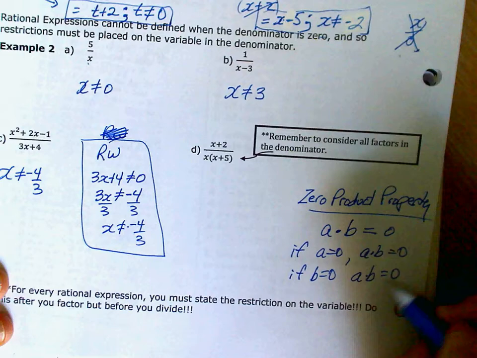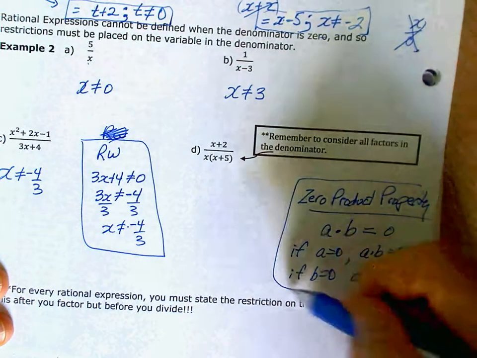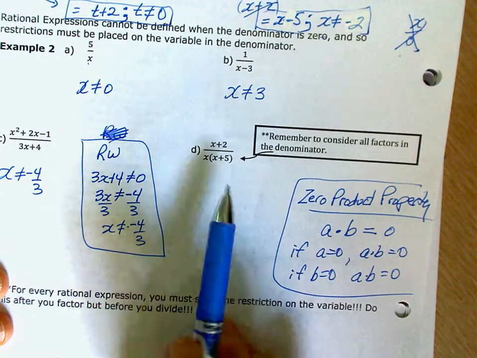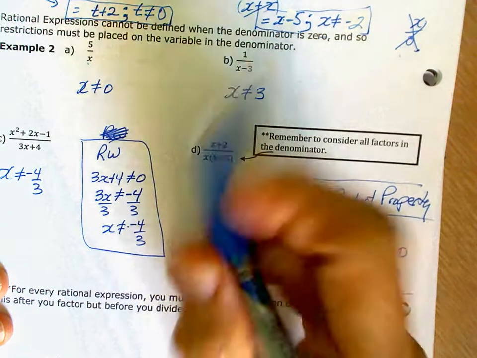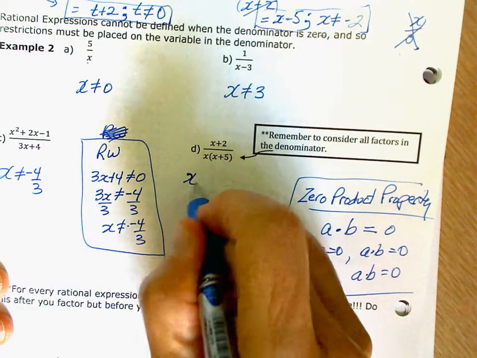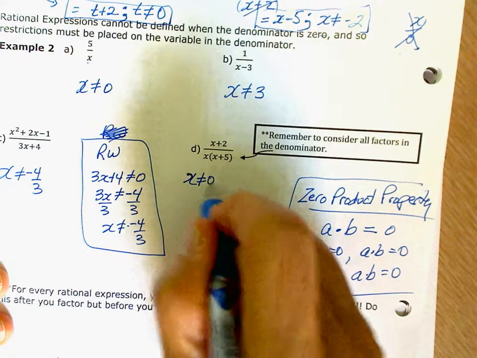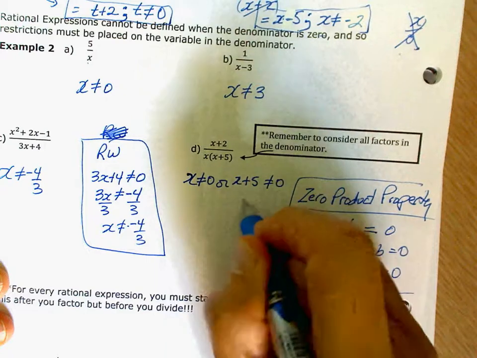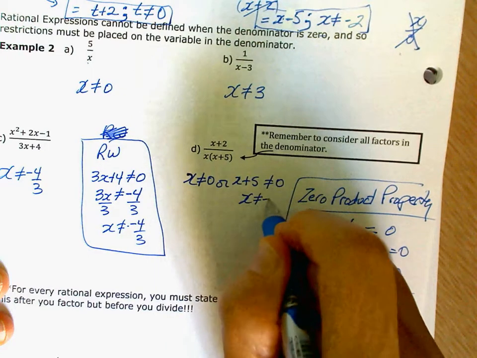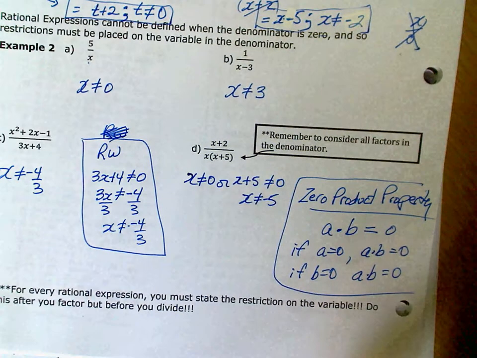That's just a little property. So we have something times something, so you know you have two restrictions. You have either x cannot be 0, or x plus 5 cannot be 0, so x cannot be negative 5. Good?